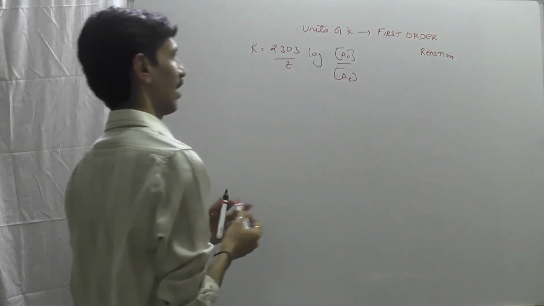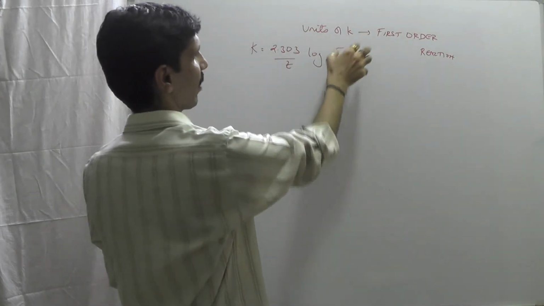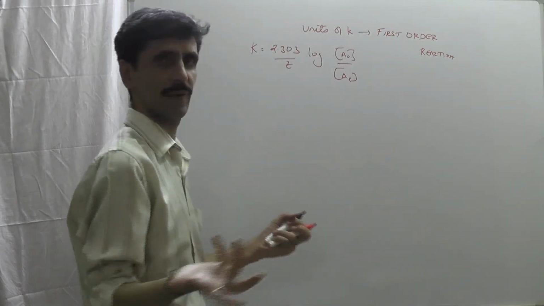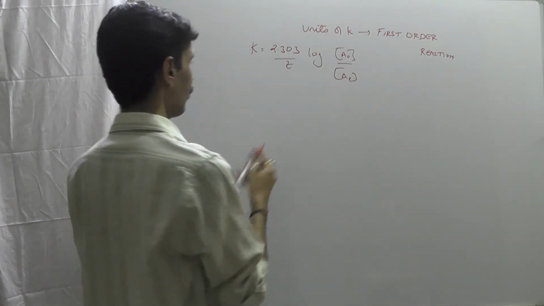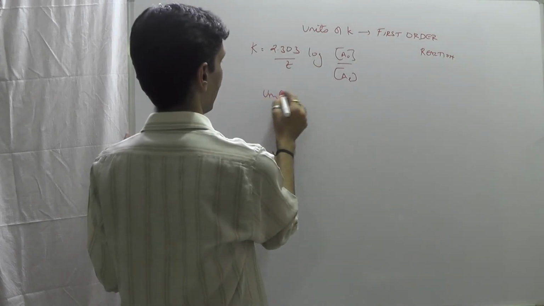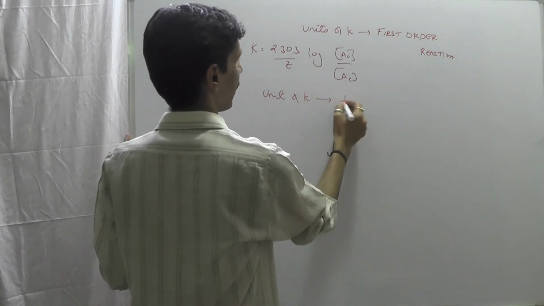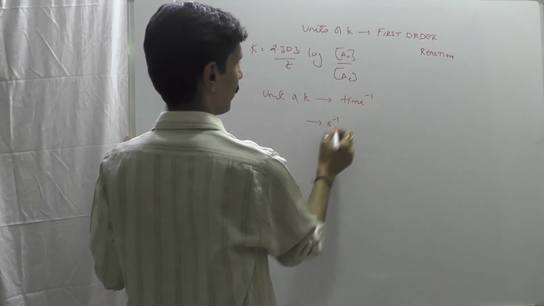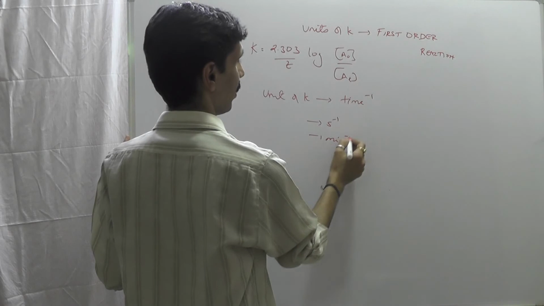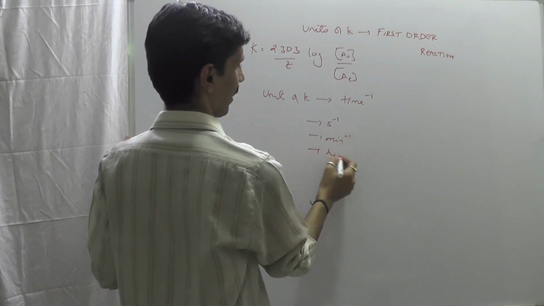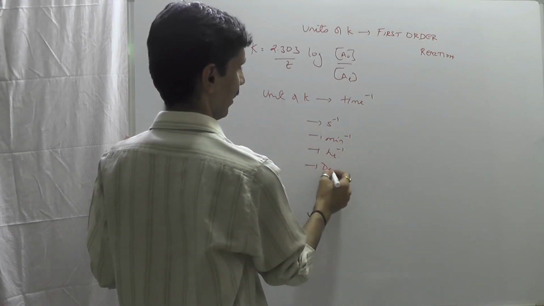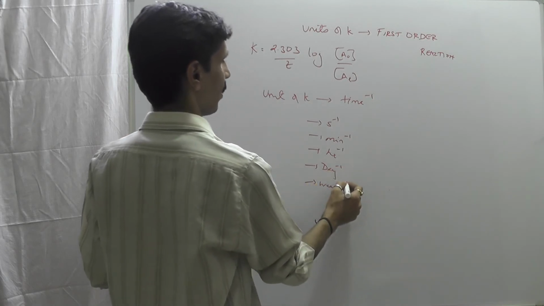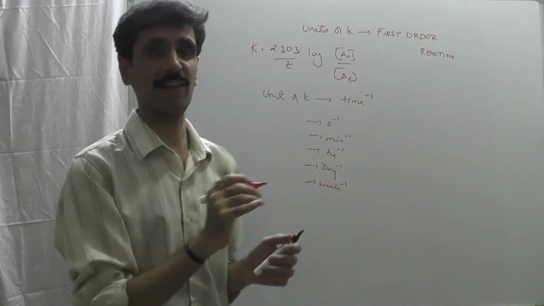A0 and AT are concentration terms, so they will cancel out. 2.303 is a simple number, so the unit of K is nothing but time inverse. So it can be second inverse, minute inverse, hour inverse, day inverse, week inverse, depending upon which unit the time is expressed in.